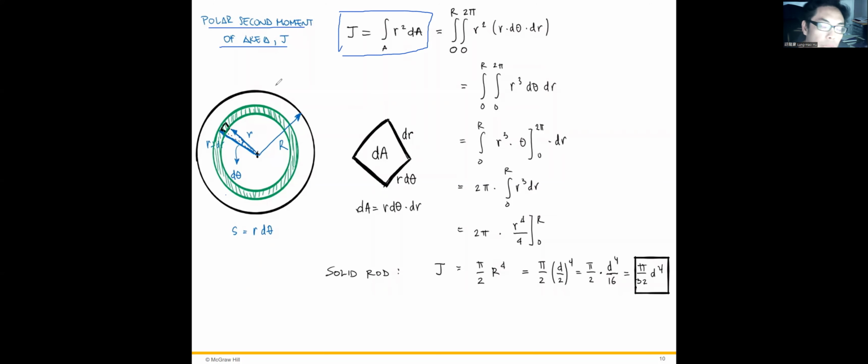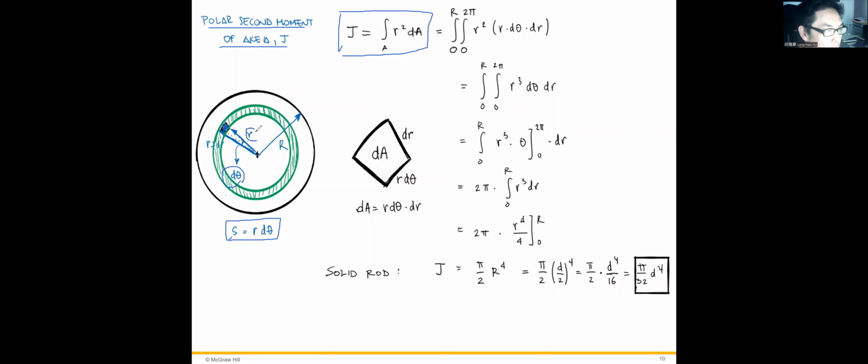If we focus on one tiny area of this cross section of the shaft, you can see this blue area. We define S equals r d theta, where d theta is right here.